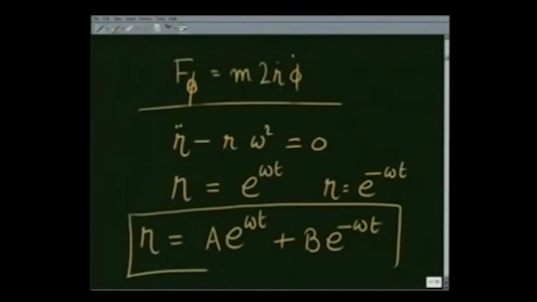This is how r is going to change as a function of time. The constants a and b are fixed by the initial condition.